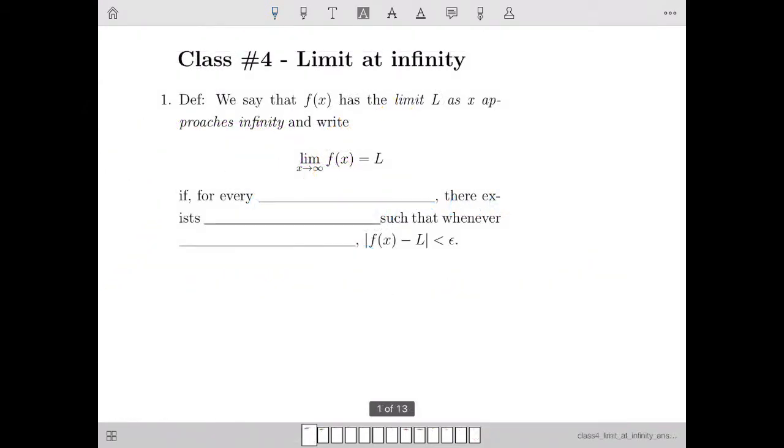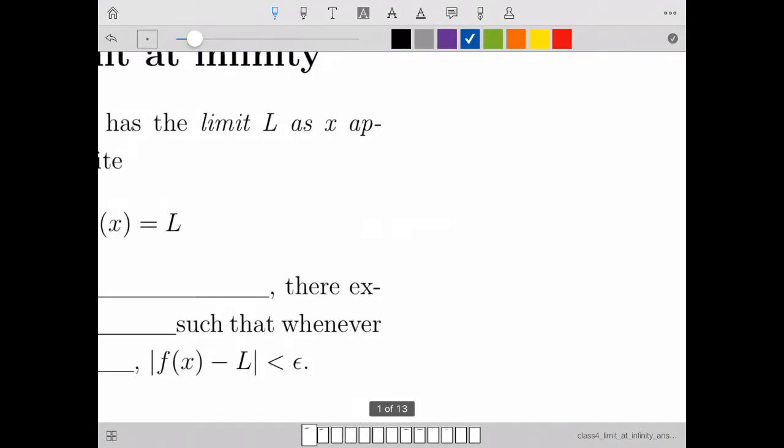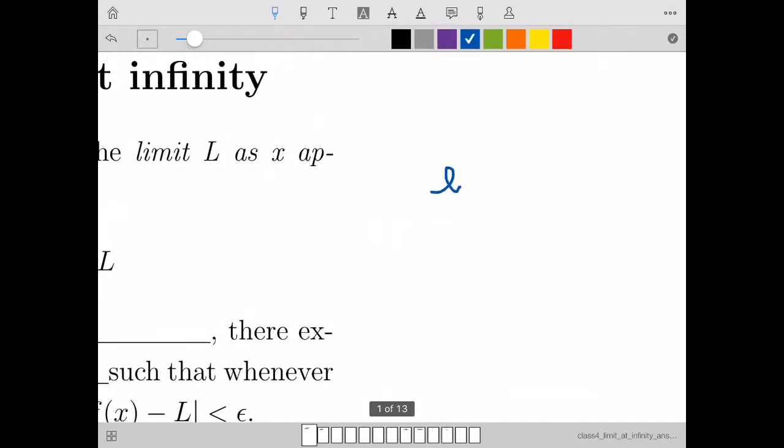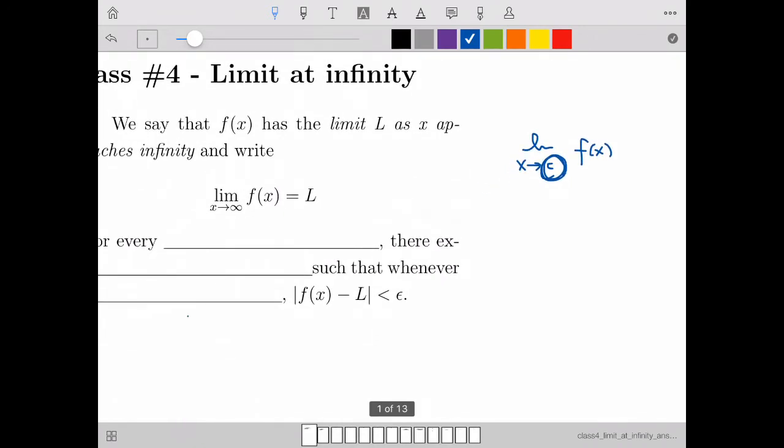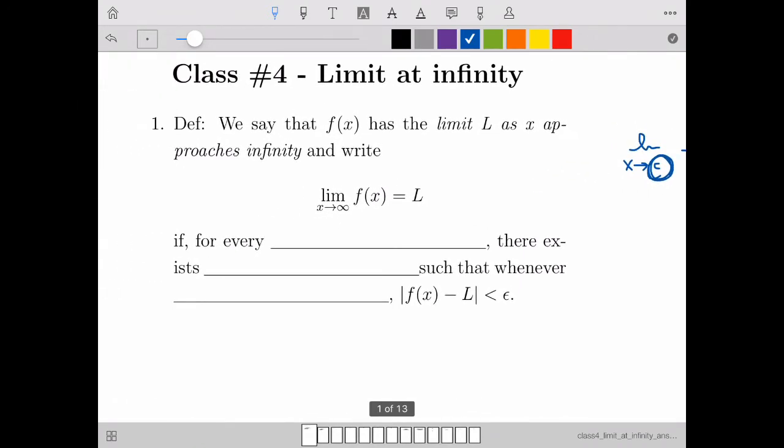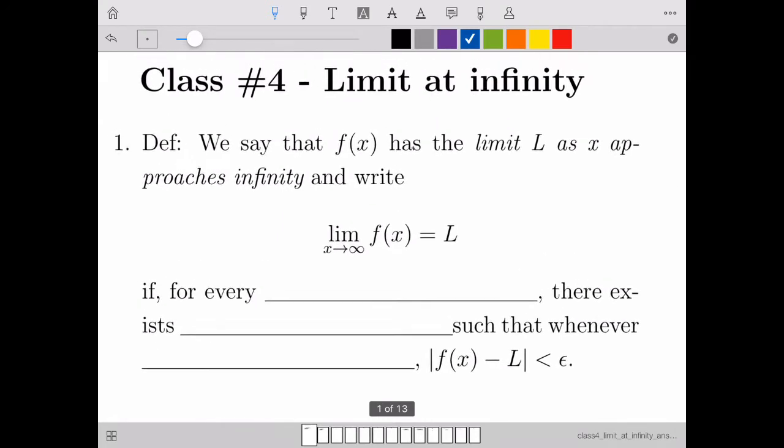Now let's look at limit at infinity. So far we have seen limit x approaches c of f of x, where c was a finite number. But what does it mean by limit as x approaches infinity?